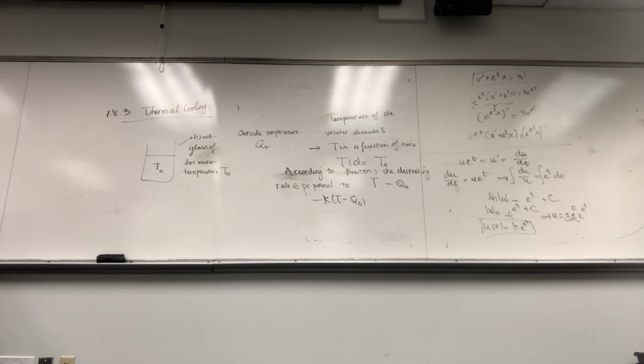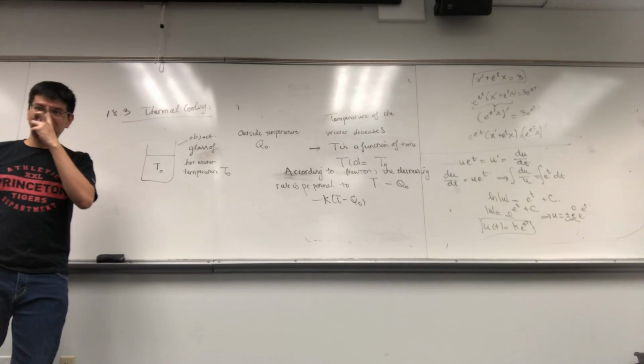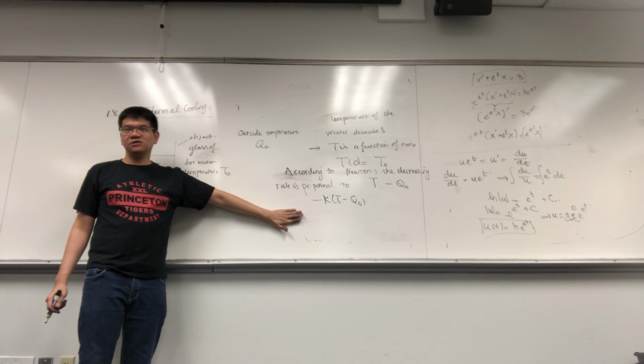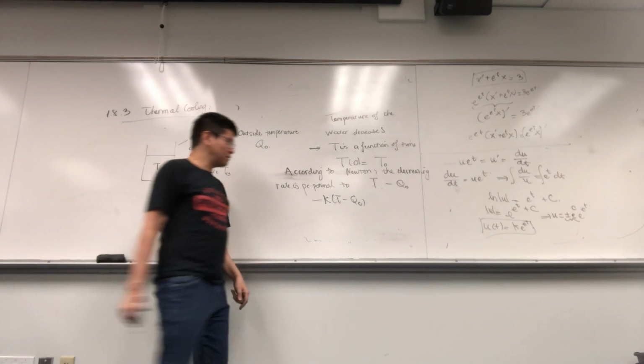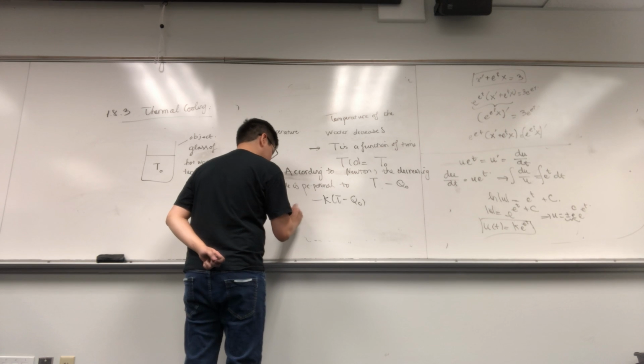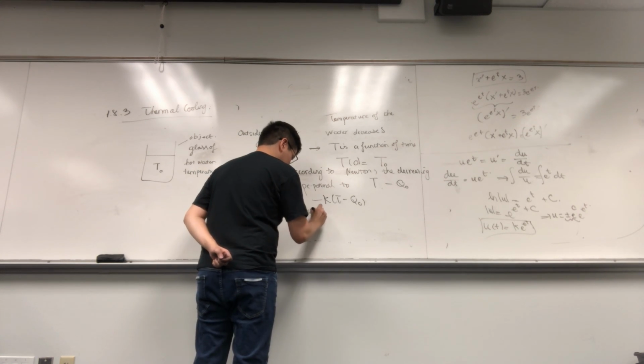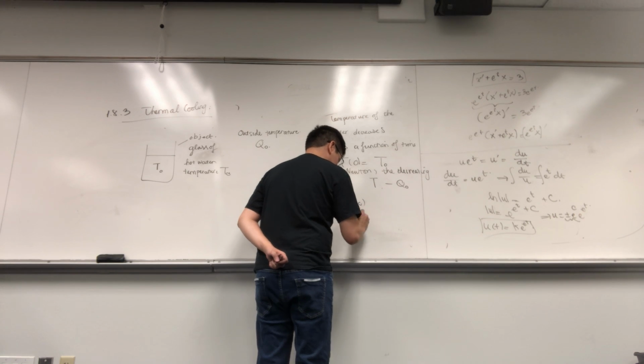What is the equation in this case? So you have a rate of change, right? Which is minus k (T minus Q0), right? But the rate of change can be computed as the derivative of temperature with respect to time. Yes, can you stand the back of the paper, please? So the rate of change is also the derivative in time of T, right? So the rate of change is also dT over dt.